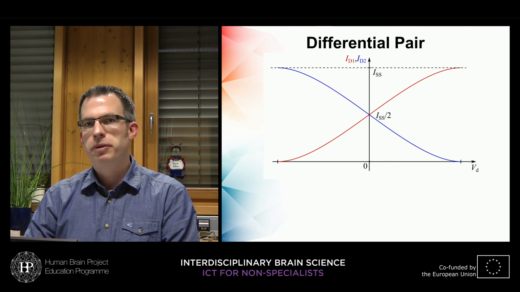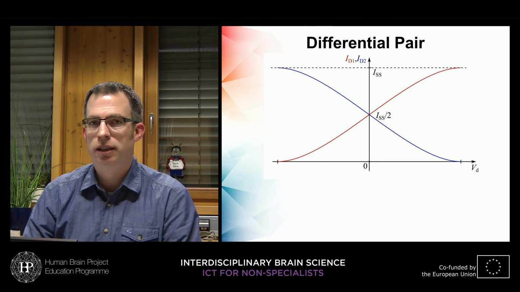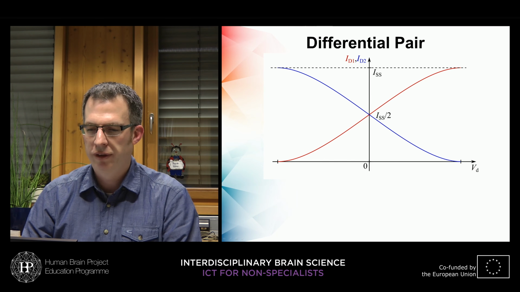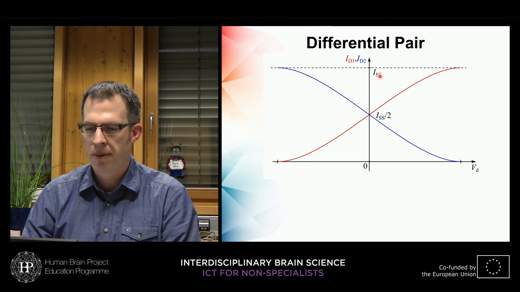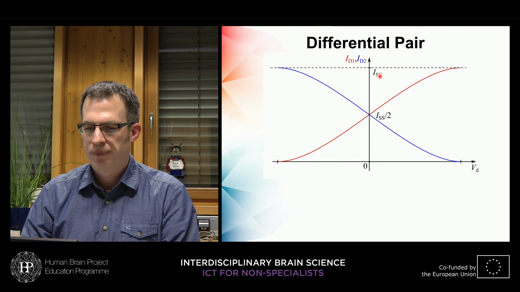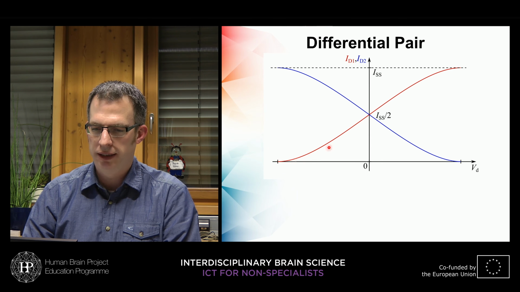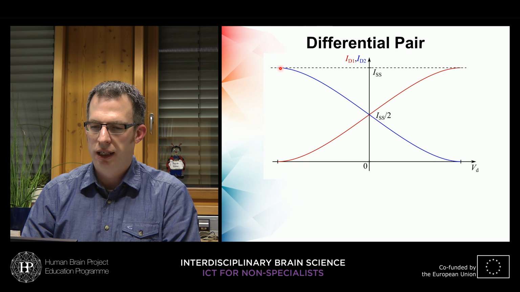And since we have this current source on the tail, that's called the tail of our differential amplifier, the maximum current that can flow to any of the transistors is ISS here. And if we go to a negative extreme voltage, we will have no current flowing through the transistor number 1, that's ID1, and all the tail current is flowing through ID2.